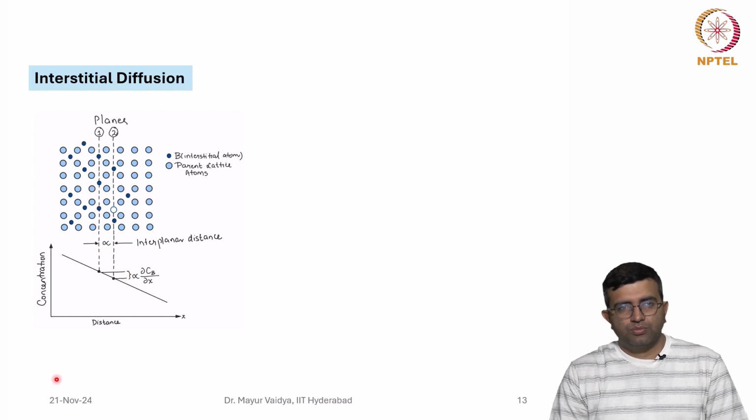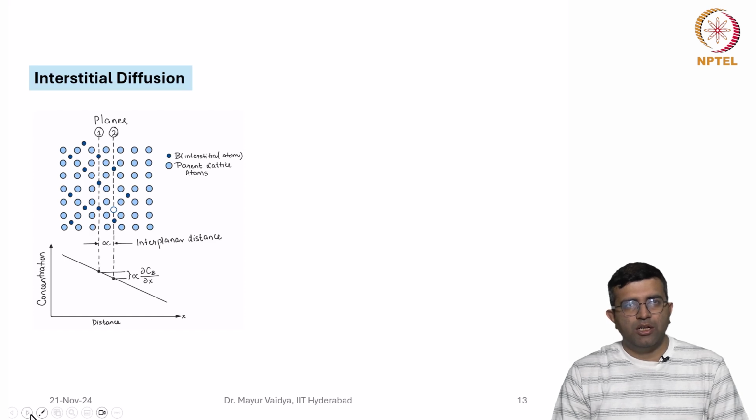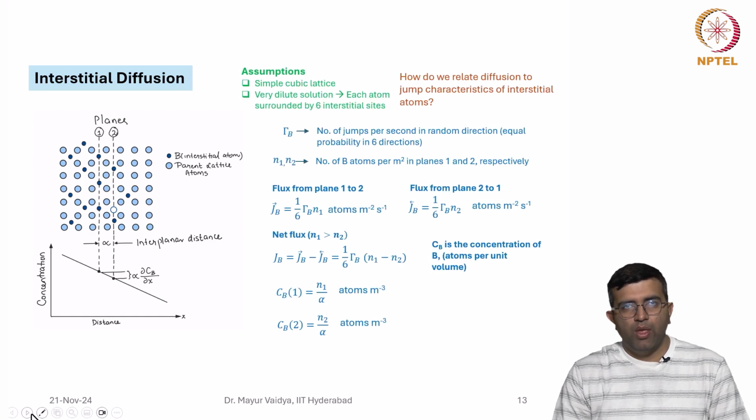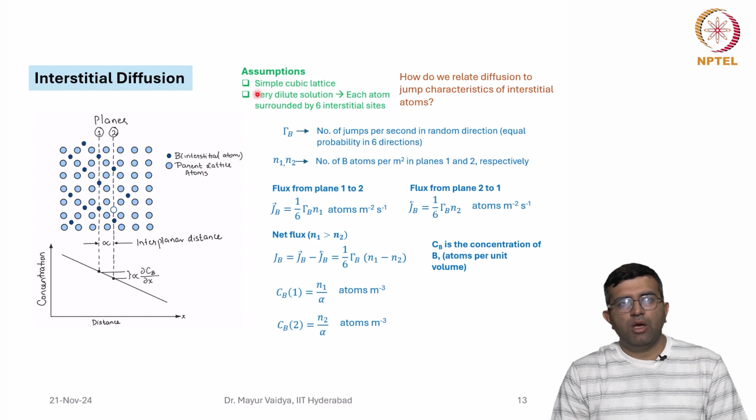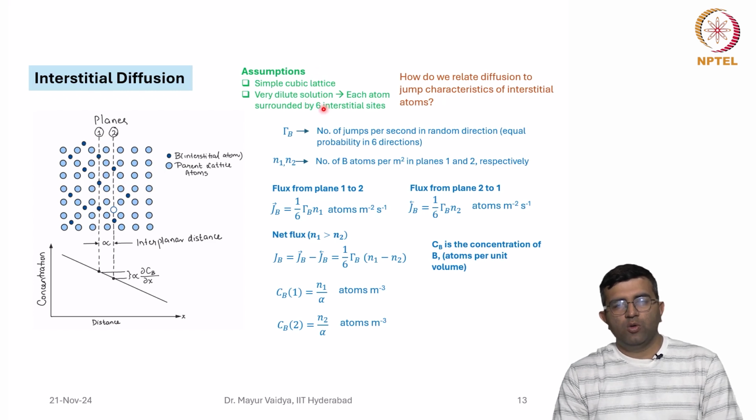Let us say the concentration at plane 1 is N1 and the concentration at plane 2 is N2. In this derivation, we are assuming that the lattice is a simple cubic lattice, and it's a very dilute solution. That means each atom is surrounded by 6 interstitial sites. Here I have shown a little bit extra purposefully just to make the picture clearer to you. But in reality, what we are assuming is a dilute solution.